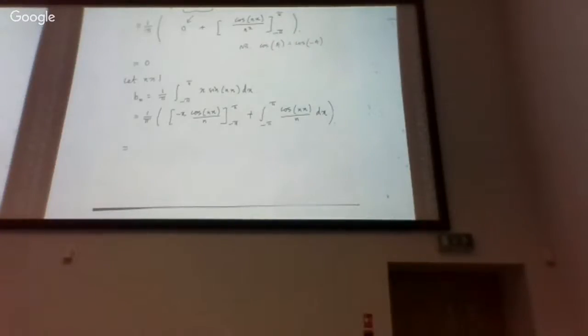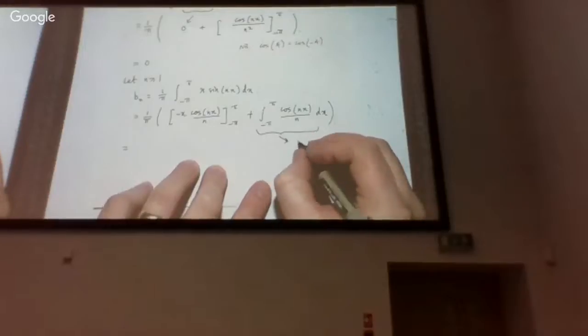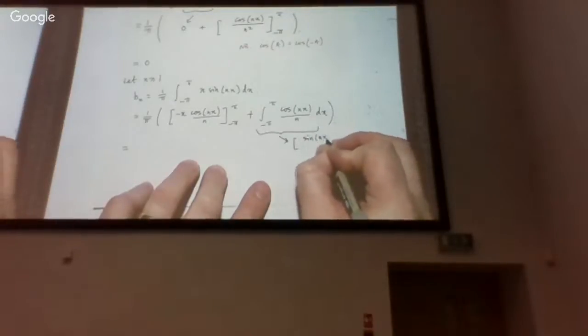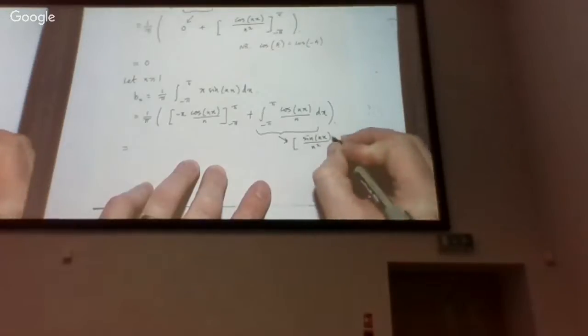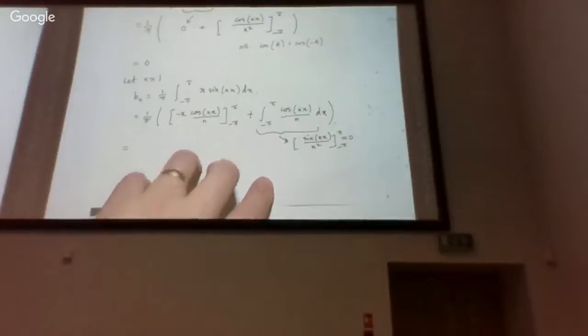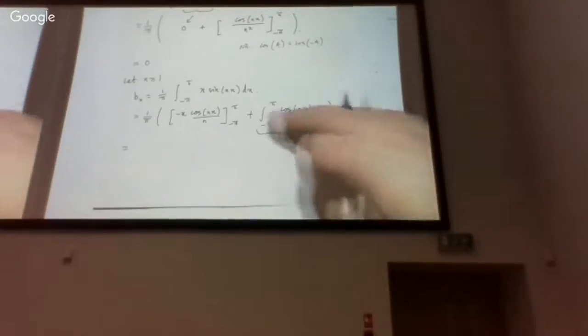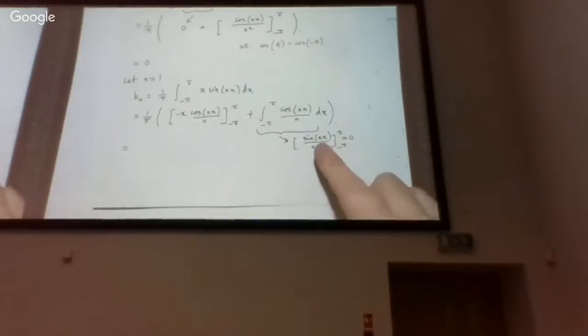So you've just got to proceed carefully. What's going to happen to this integral is it's going to go to sine nx over n squared, evaluated at minus pi and pi, but that's going to be equal to 0. So the second integral part just gives you 0, because again, you're evaluating sine of nx at pi and minus pi.